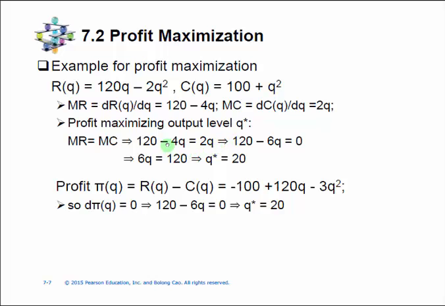What I'm going to do is move the 2Q from the right-hand side to the left-hand side. If I do that move, I flip the sign, so it's positive 2Q on the right-hand side, and on the left-hand side it will be negative 2Q. And negative 4Q and minus 2Q gives you negative 6Q.